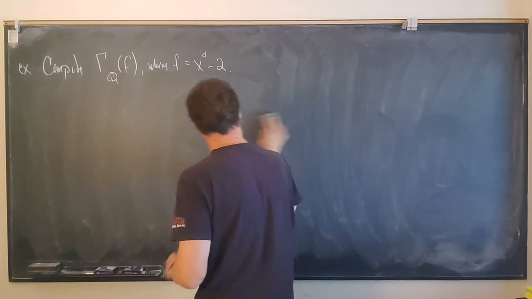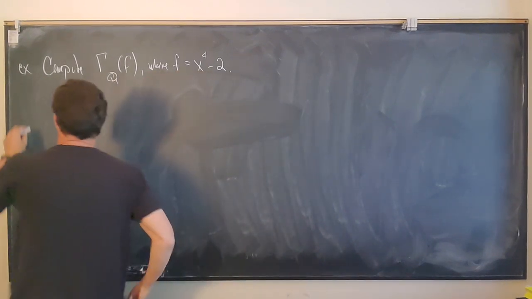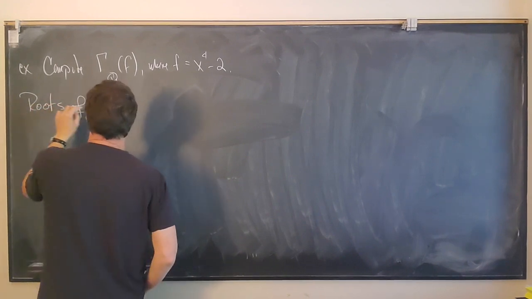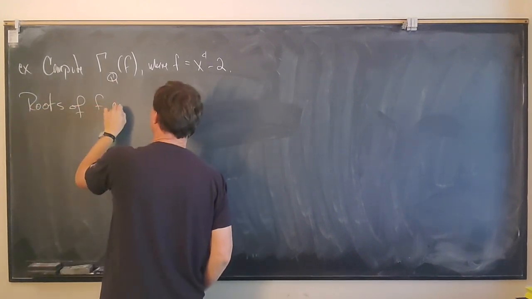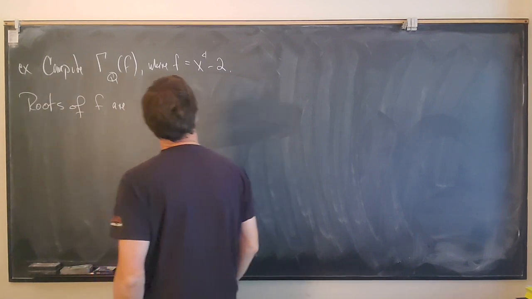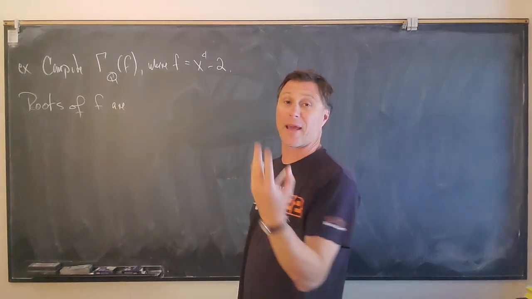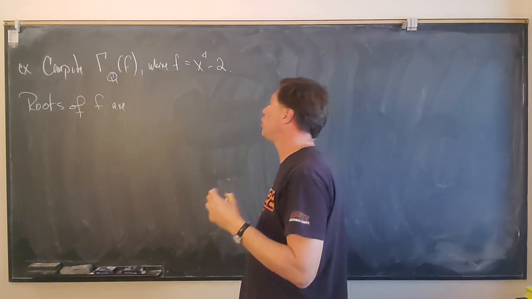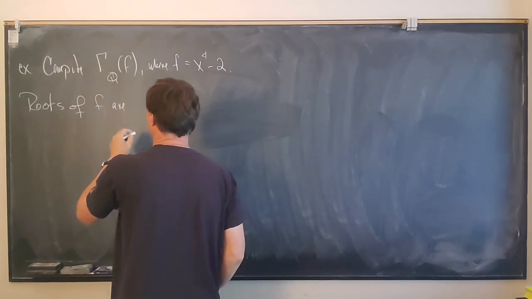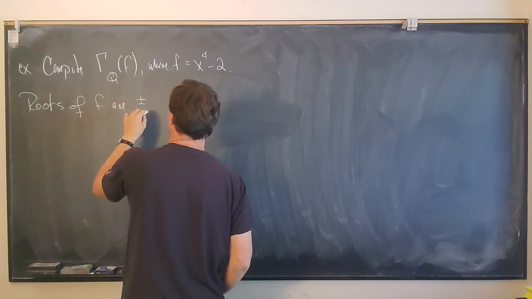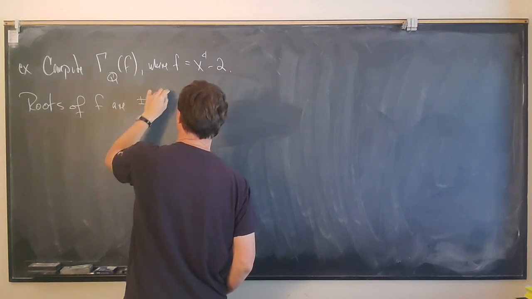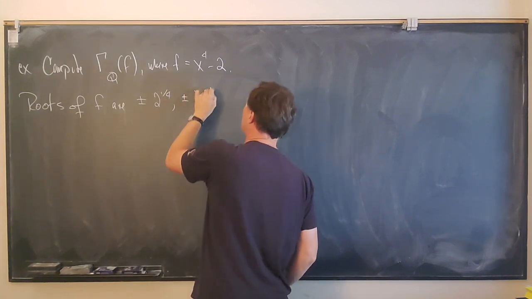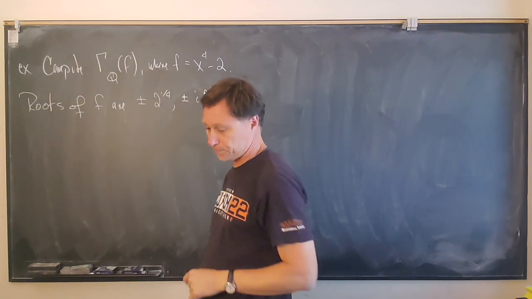Okay, so let's see what we have. The roots of the polynomial f are the plus or minus the fourth root of 2 and plus or minus the fourth root of 2i. So they are plus or minus 2 to the 1/4 and plus or minus i times 2 to the 1/4.